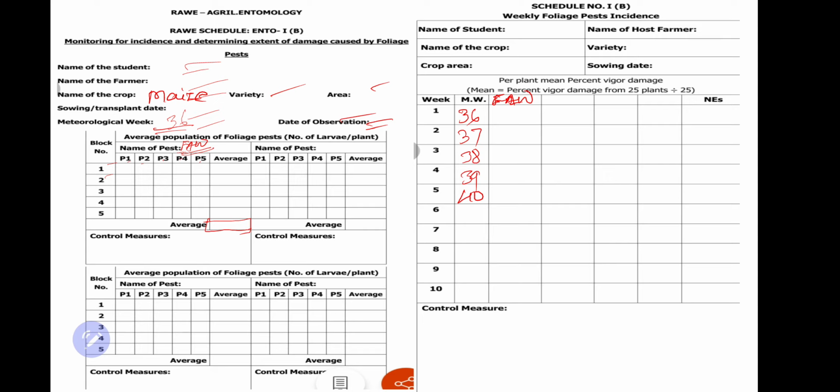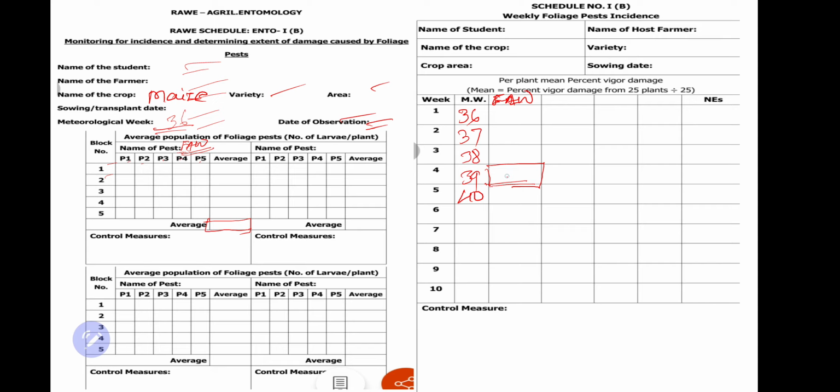For the fall armyworm, or whichever pest occurred on your crop, try to get the ETL levels of each of the pests. You could get it from the internet, you can ask me also, so I'll guide you on that. That population level may be reached in your 4th meteorological week or during your 4th observation.